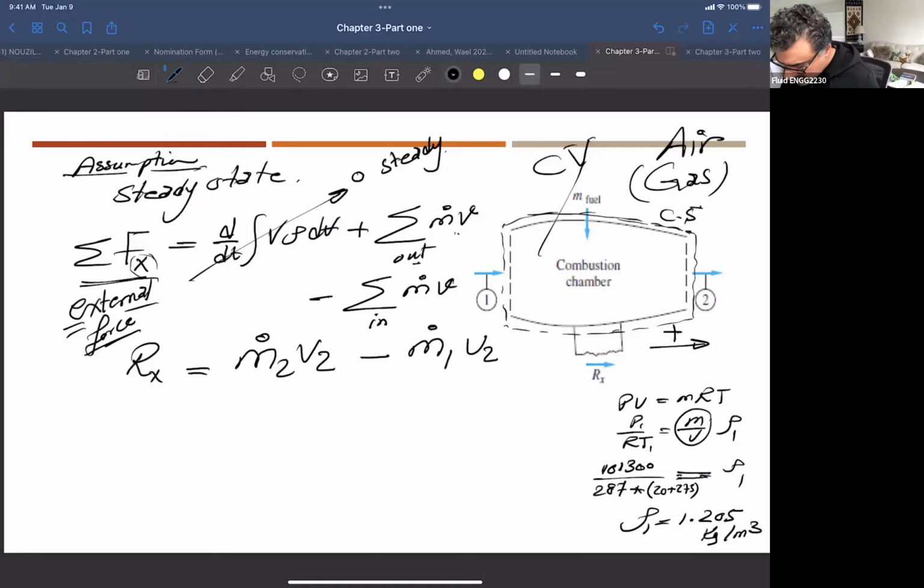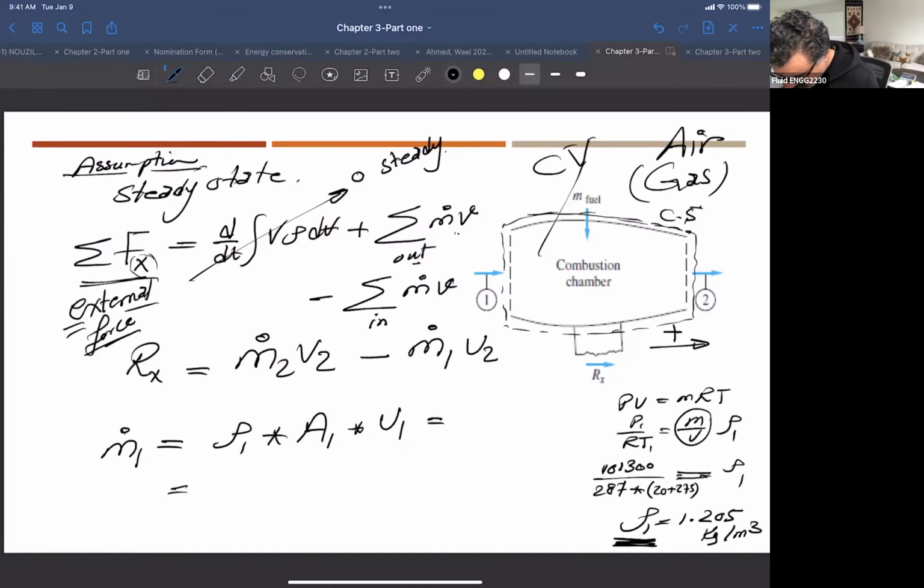So what is the mass 1? We know the density, times area 1, times V1. This will give me mass 1.